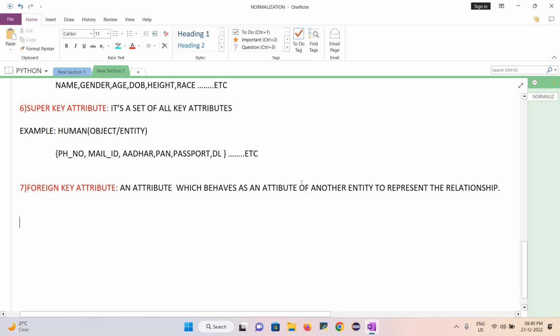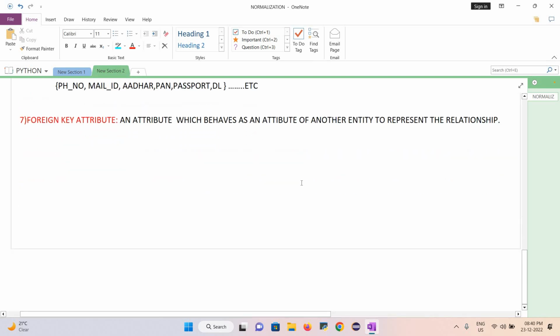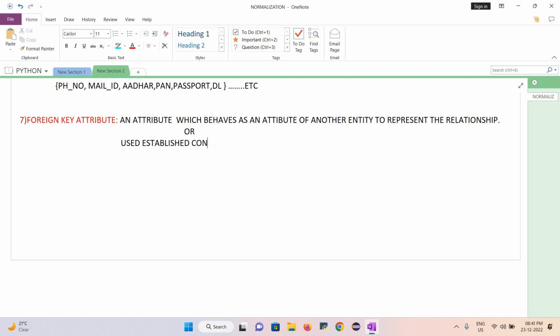Else it gets highly difficult, so you can just go through this definition. Or one more definition is to establish a connection between the tables. So we can also use that. See, a primary key can become a foreign key.